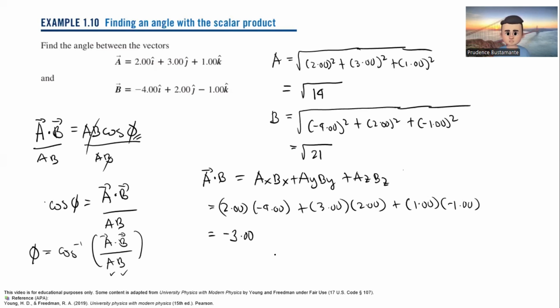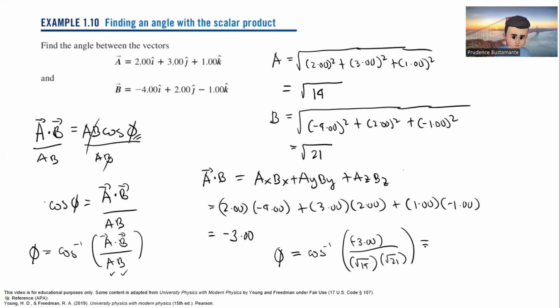Okay. So since we have A dot B, the magnitude of A and the magnitude of B, then we can get theta, the angle between two vectors, which is equal to cosine inverse of negative 3.00 over the square root of 14 times the square root of 21. So how much is that?